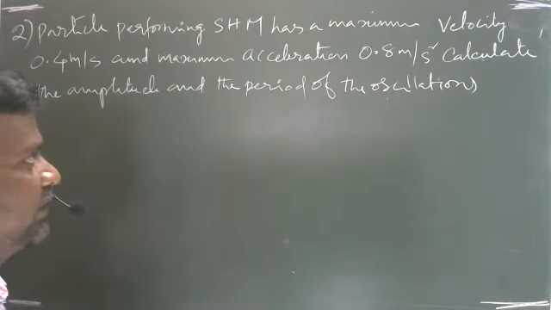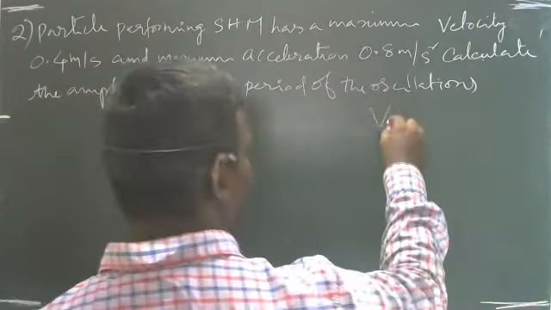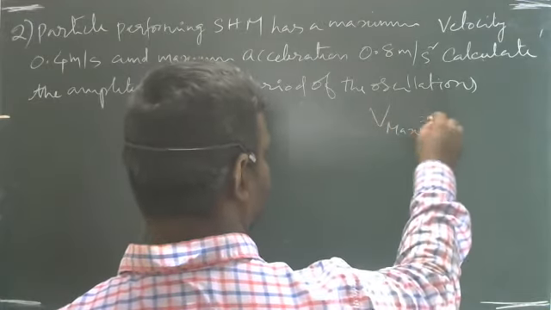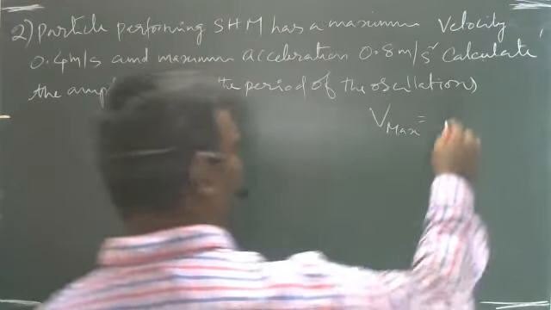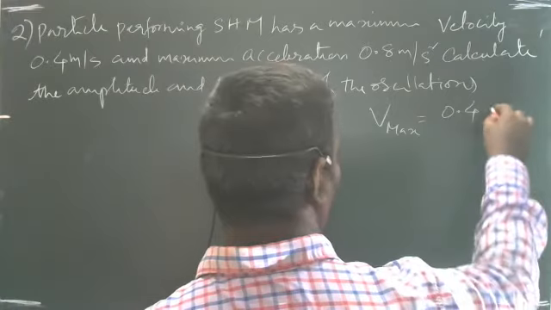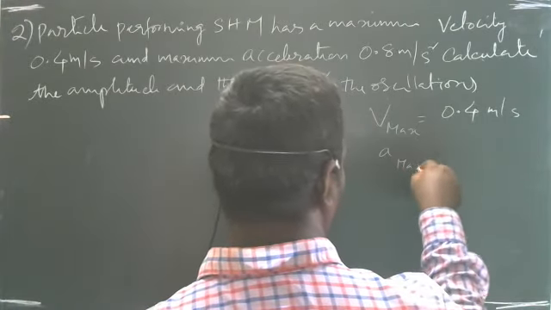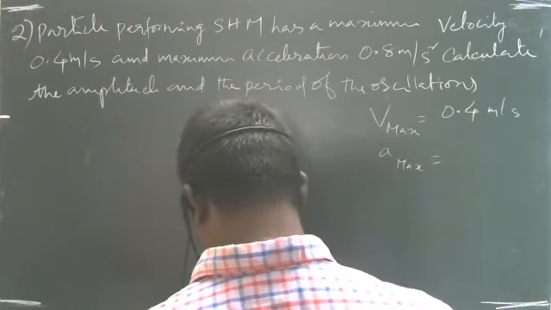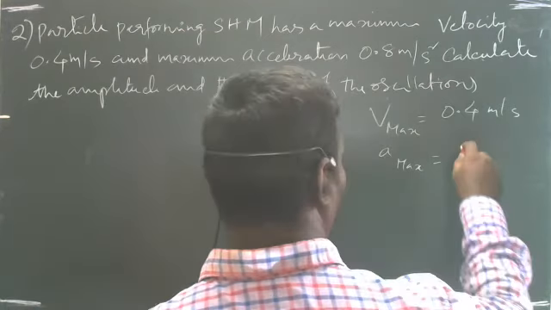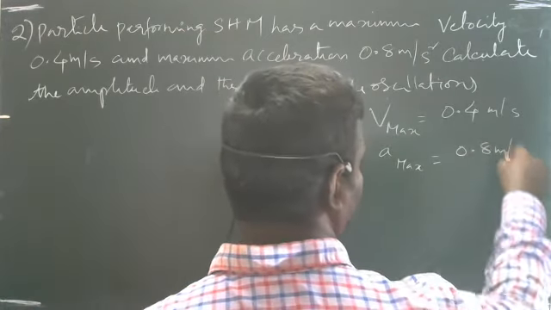Velocity maximum is given as 0.4 meter per second. A max, acceleration maximum, is given as 0.8 meter per second square.